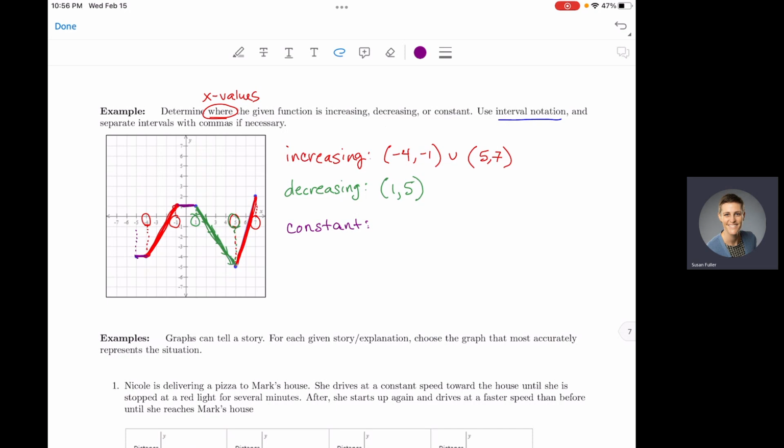This flat area starts from x equals -5 and goes until x equals -4. So we're constant from -5 to -4. And then we have another section, so I'll union this with this section here, which goes from x equals -1 to x equals 1. So we're also constant from -1 to 1.